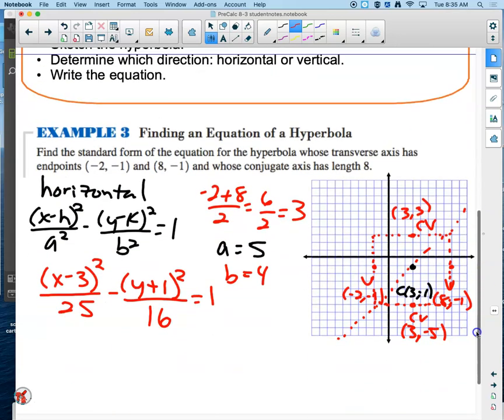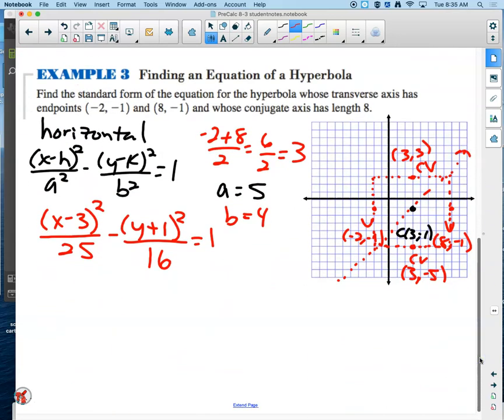Uh-oh. Smartboard didn't like that move. And this one was horizontal, so we're going left and right.